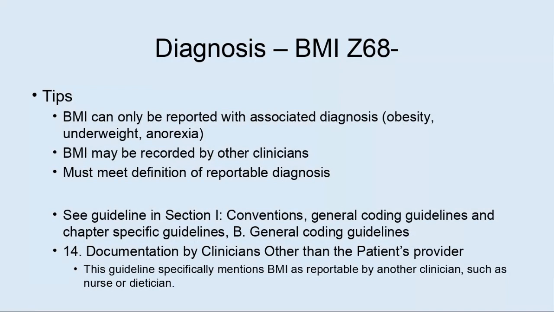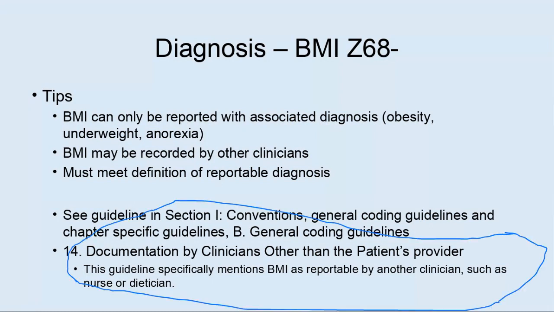The guideline states that the physician has to document the patient is obese, overweight, or underweight, or other related condition, but a nurse can then document the BMI. But you can't document the BMI without the physician doing it. So this is kind of lost because it's not where you might expect to find it.